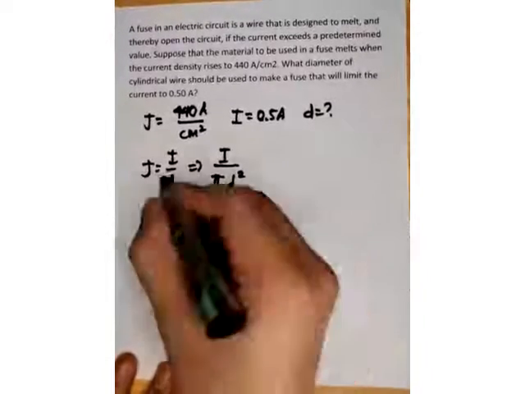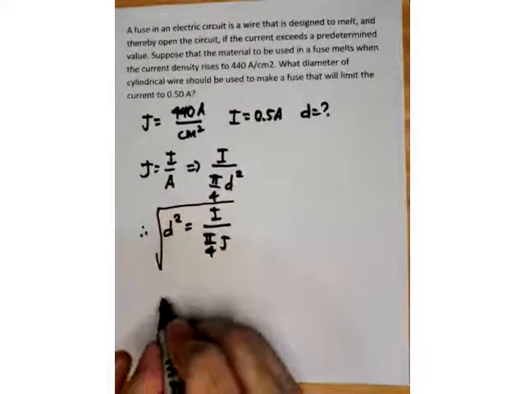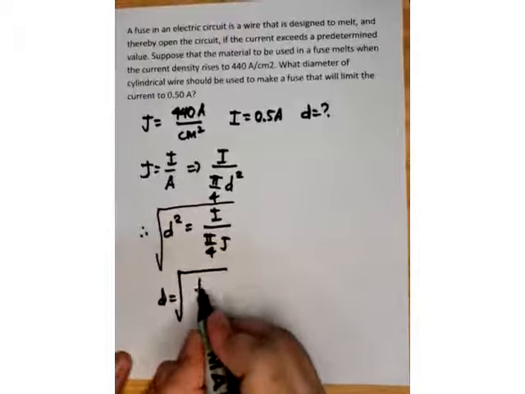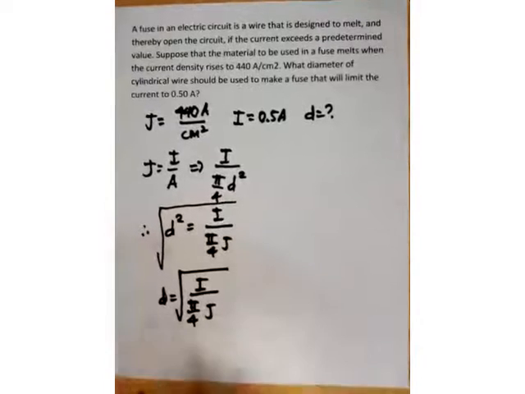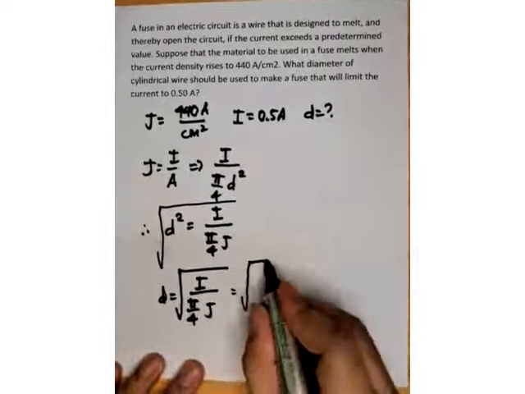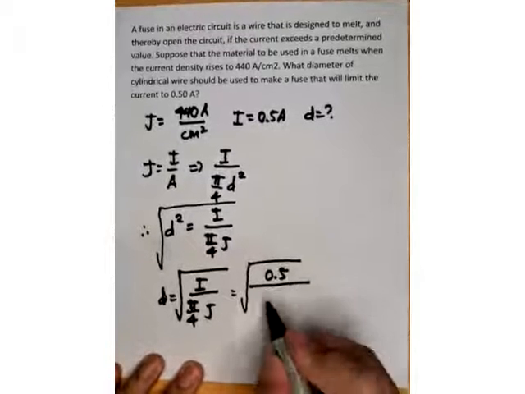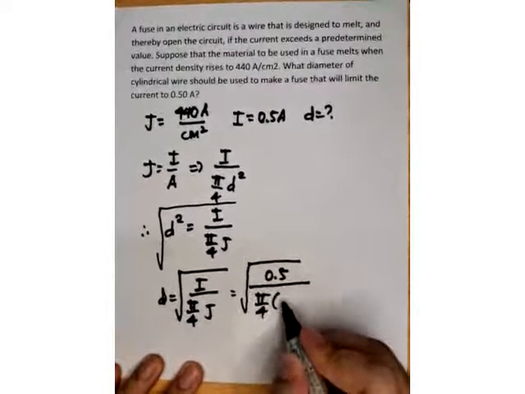So D is equal to the square root of I over 4 over pi J. Okay, so that's equal to the square root of 0.5 over 4 over pi times 440 ampere per cm squared.